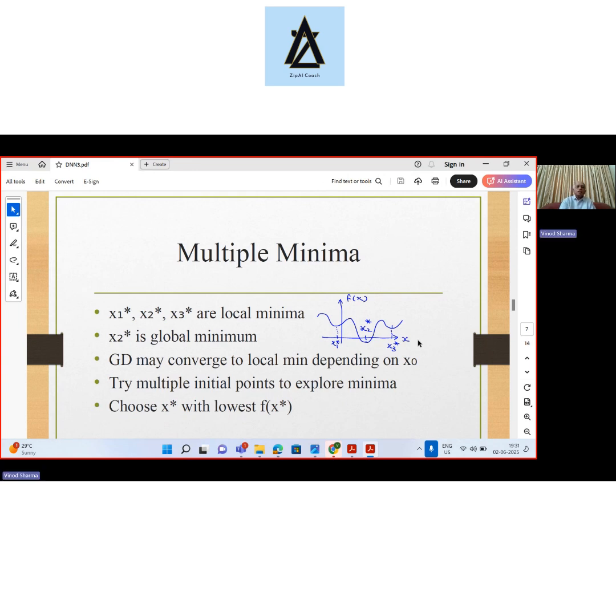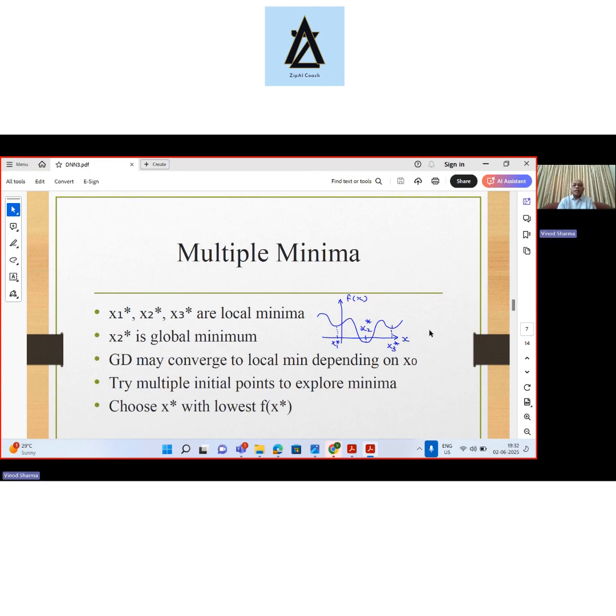For this function, there are multiple points x1 star, x2 star, x3 star, at which locally the function value is minimum. Around this point, like x1 star, its value is minimum. Same way here and here.